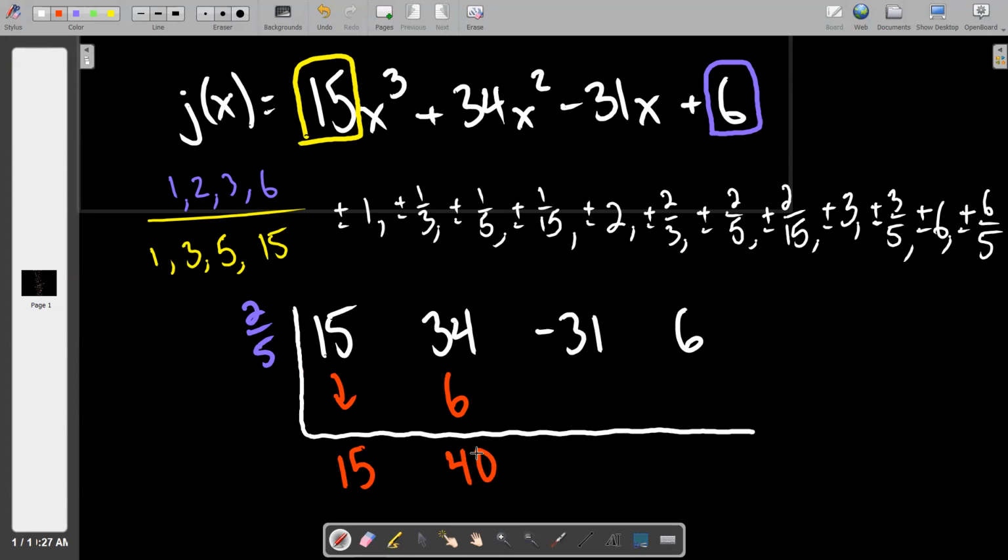That'd be 40, right? What's 2/5 of 40? 16. Negative 31 plus 16? Negative 15. For this last one, bear in mind it's a positive times the negative, so maybe just put the negative sign down so you don't forget. Do that first. 15 divided by 5 is 3 times 2 is 6, negative 6.